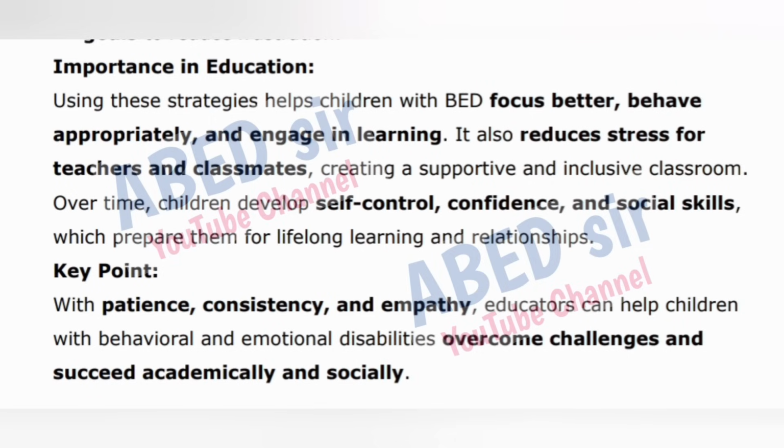Importance in education. Using these strategies helps children with BED focus better, behave appropriately, and engage in learning. It also reduces stress for teachers and classmates, creating a supportive and inclusive classroom.